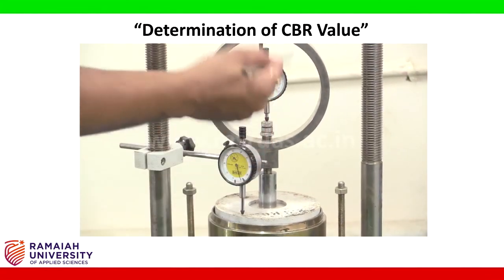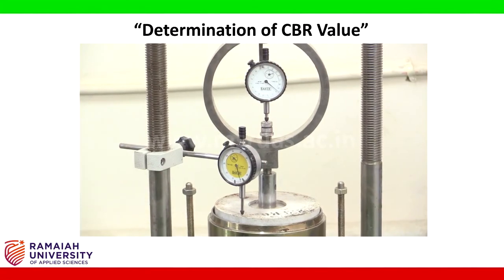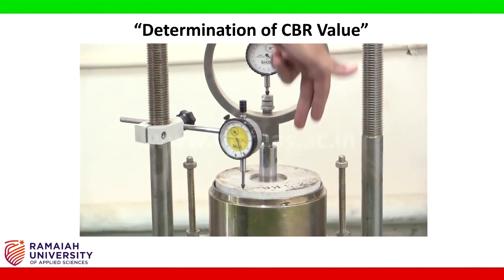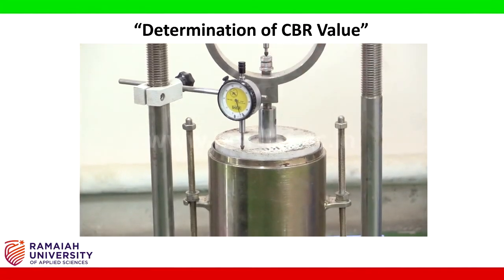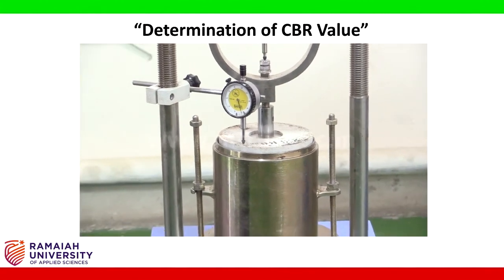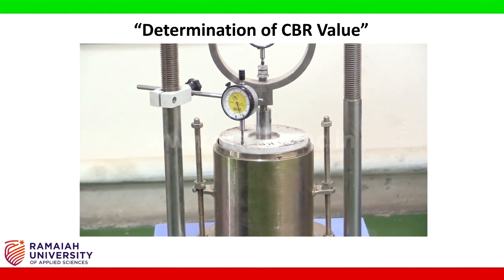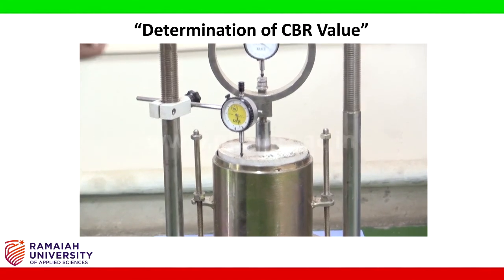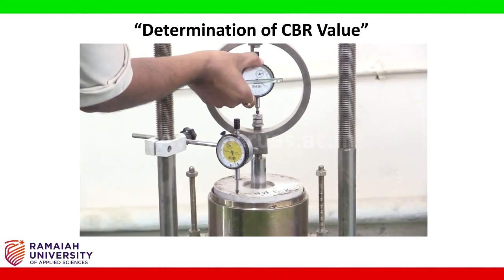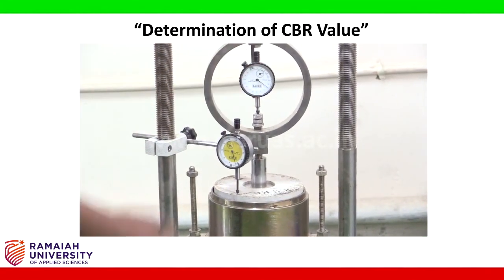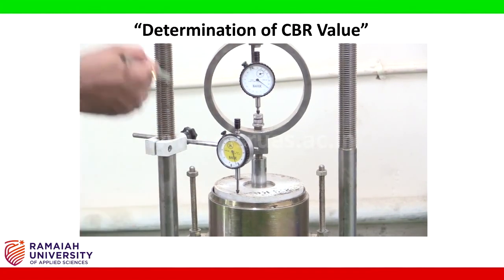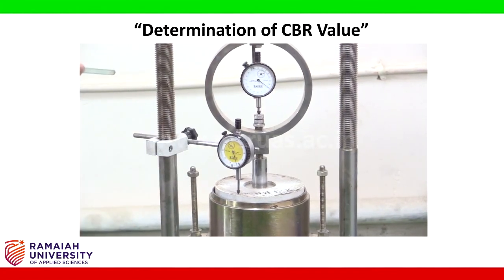This seating load which we just applied is to ensure proper seating of the plunger on the specimen, such that we get a smooth curve while we plot the graph. The moment both the dial gauges are set to 0, we can begin with the testing process.